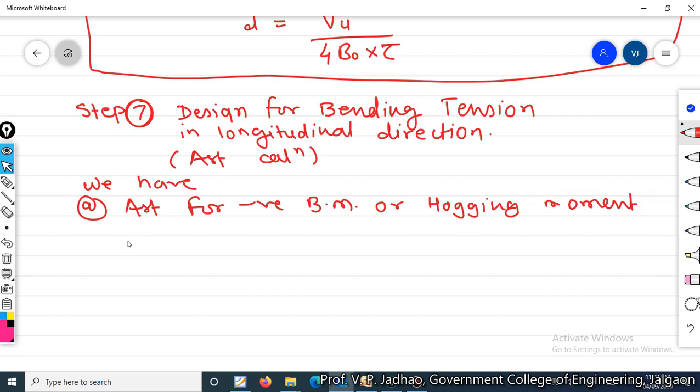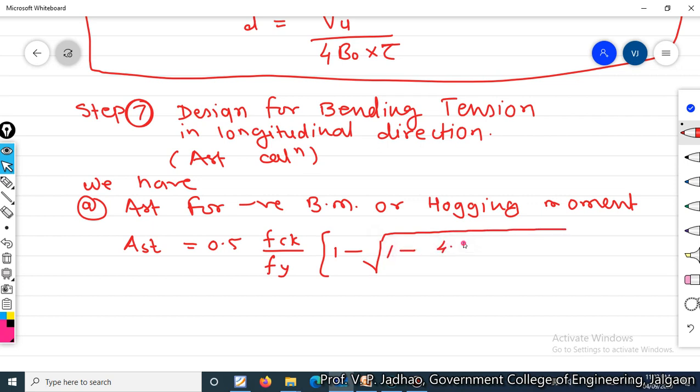The formula for calculating the AST is already known to you: AST is equal to 0.5 into FCK divided by Fy multiplied by 1 minus square root of 1 minus 4.6 mu divided by FCK BD square, and this complete term is again multiplied by B into D.